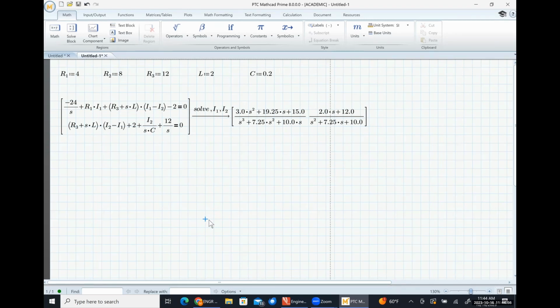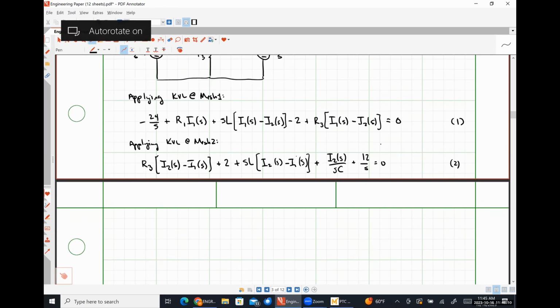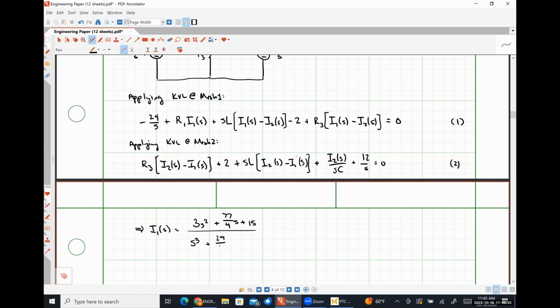Once again, we have a polynomial in S divided by a higher order polynomial in S. So going back to our sheet, we can say that I1 of S was 3S squared plus 77 over 4S plus 15 divided by S cubed plus 29/4 S squared plus 10S.